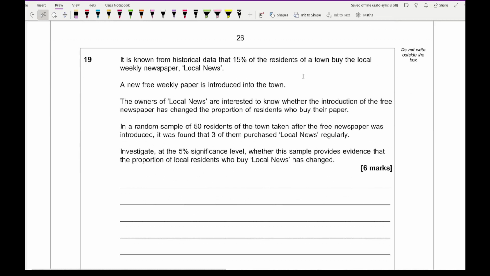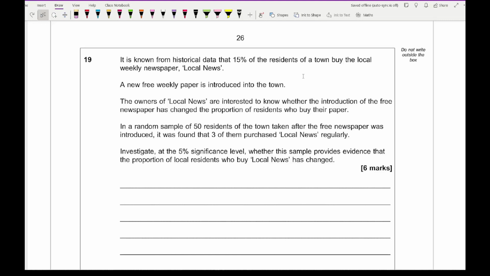Then moving on to question 19, it says that it is known from historical data that 15% of the residents of a town buy the local weekly newspaper, Local News. A new free weekly paper is introduced into the town. The owners of Local News are interested to know whether the introduction of the free newspaper has changed the proportion of residents who buy their paper.